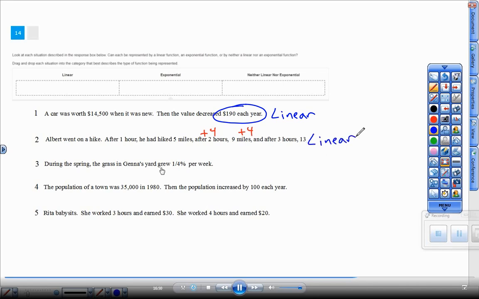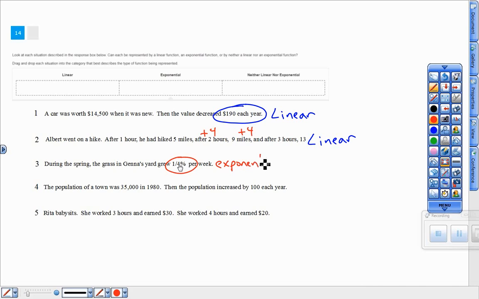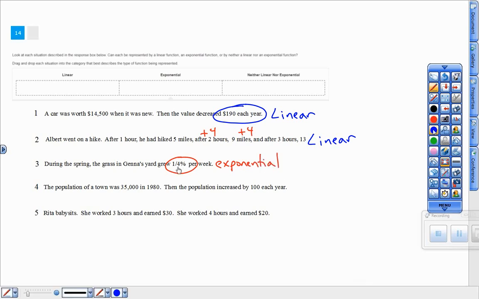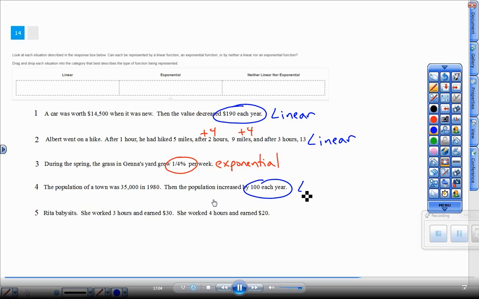Number 3, as soon as I see a percent, exponential. I'm timesing by 1.25 on this one. Exponential, growing by 1/4 of a percent. 1.25. This one, 100 each year, not a percent, linear. And then this last one, 30 divided by 3 is $10 per hour.